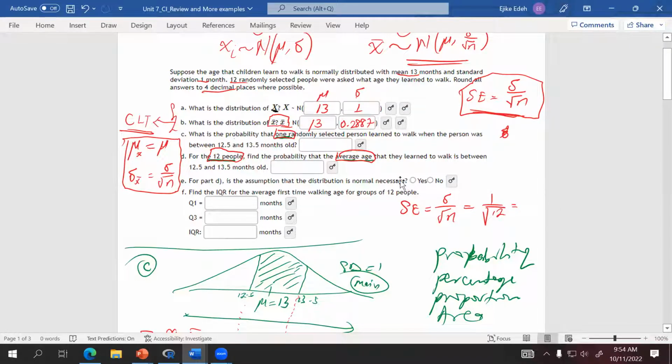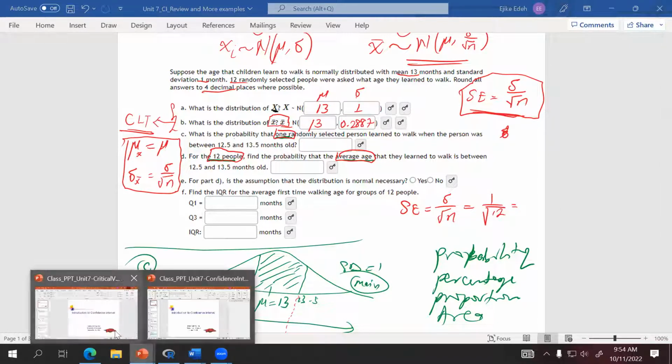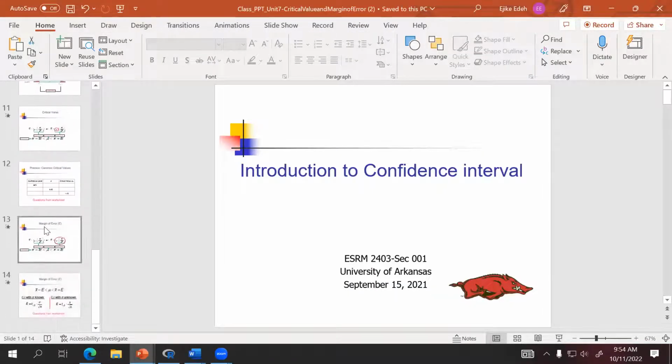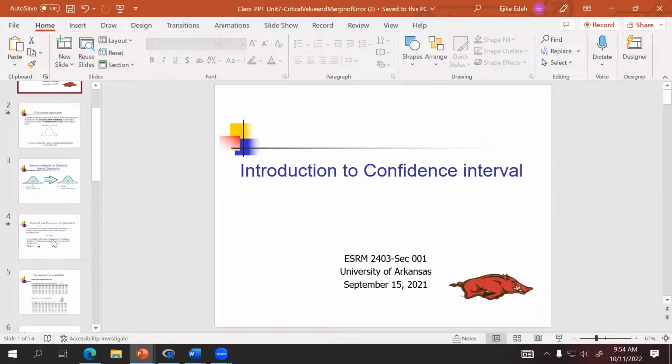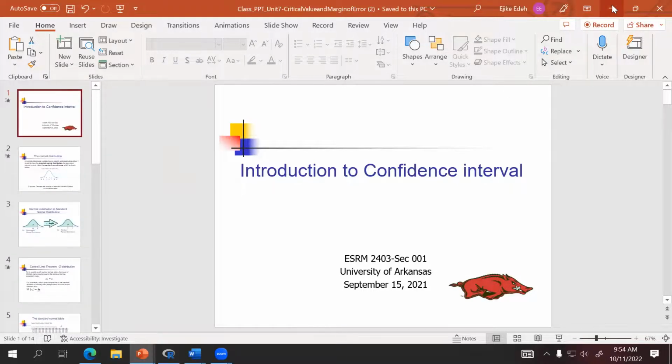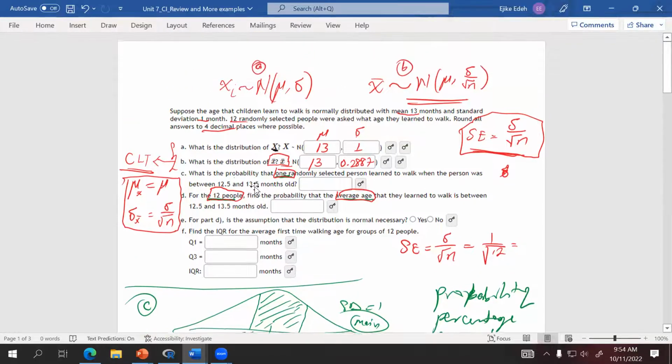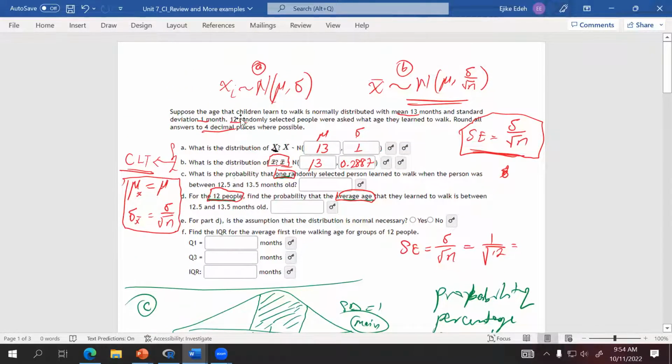If you remember the central limit theorem, we're essentially saying that when the sample gets to 30, its distribution becomes normal. So you check your sample size, we have 12.